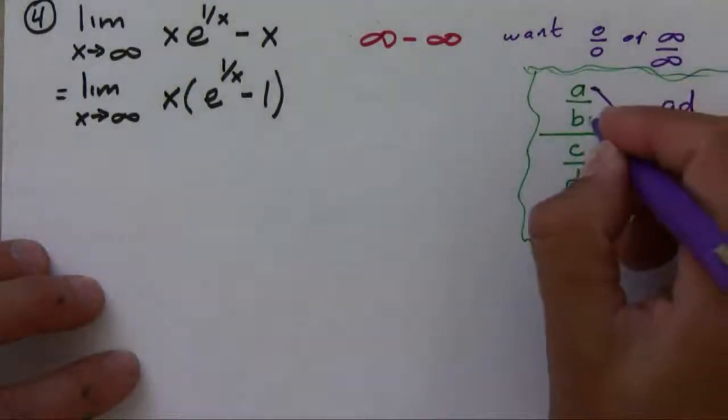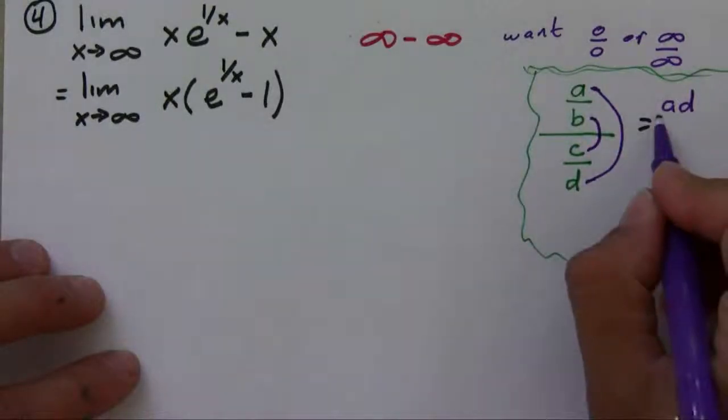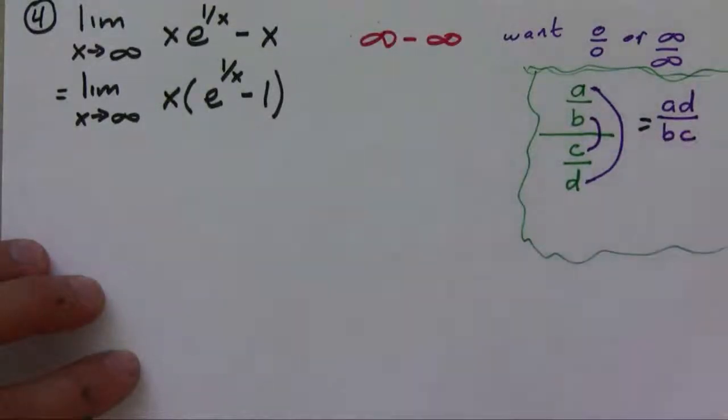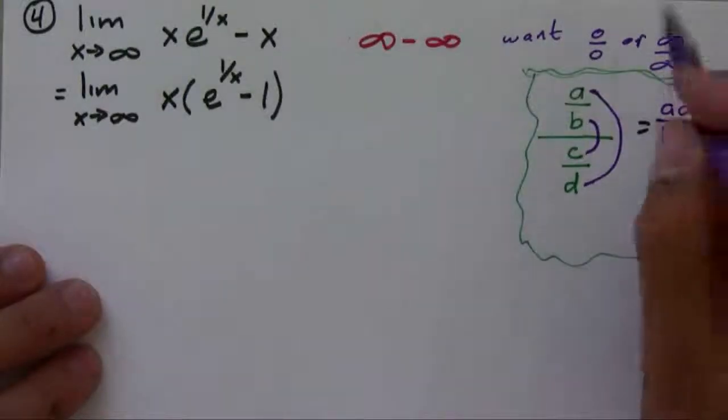And then you multiply the inside ones, and that one's going to go on the bottom. And so this brings you a neat little idea.